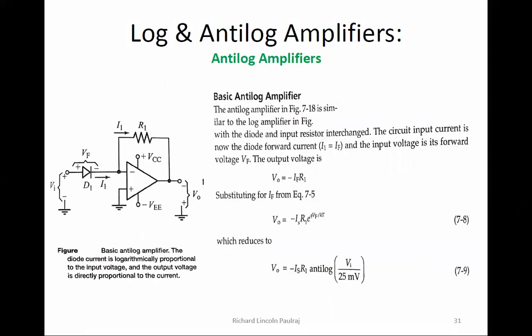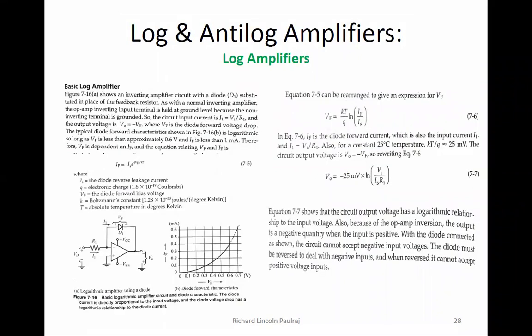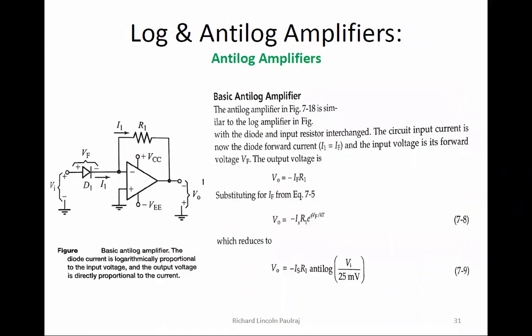Fine. So when we saw the log amplifier, we had a resistor here and a diode here. If I'm doing the reverse operation, I'm going to reverse here. You can see in the anti-log amplifier, instead of the diode being here, it is shifted here. Both the diode and the resistor are shifted.